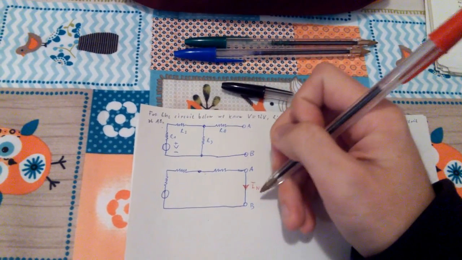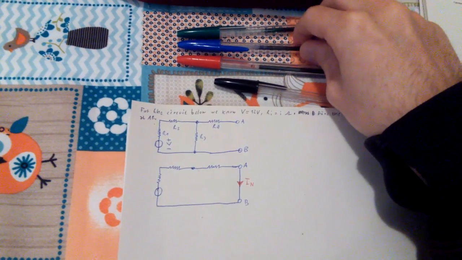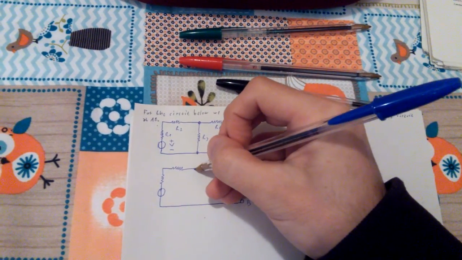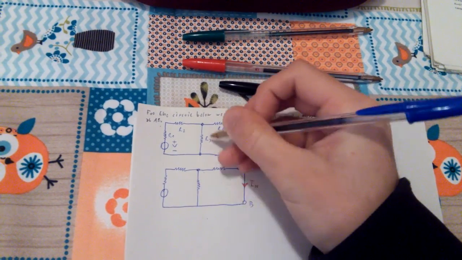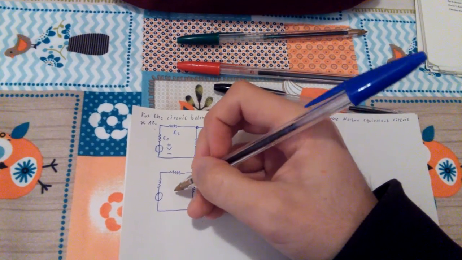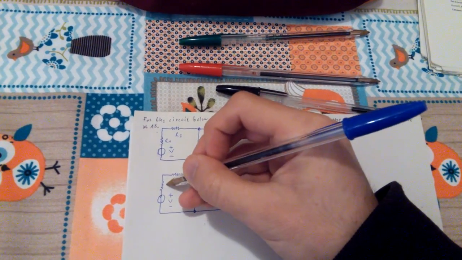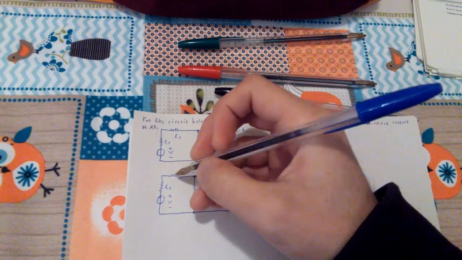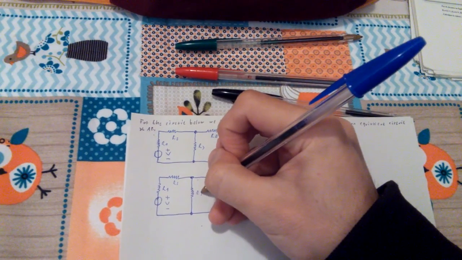So the Norton current. And of course here in between there is the resistance R3, just like before.